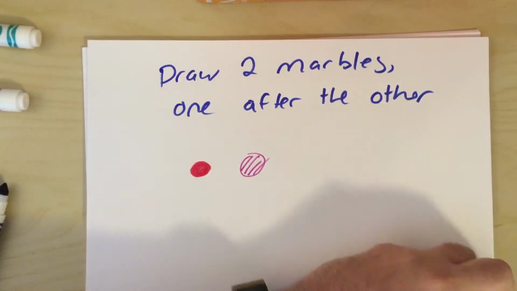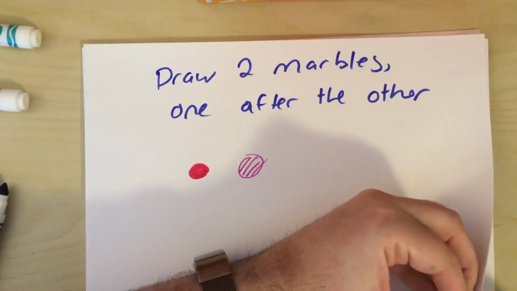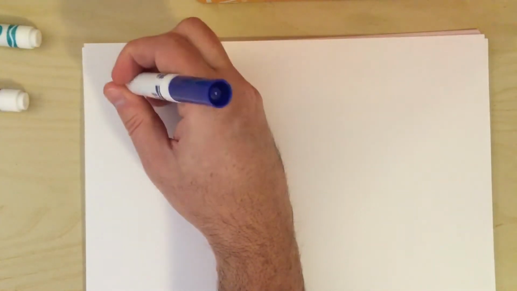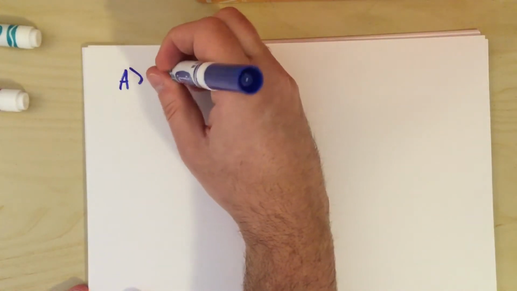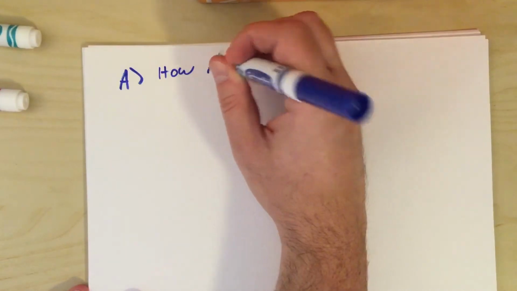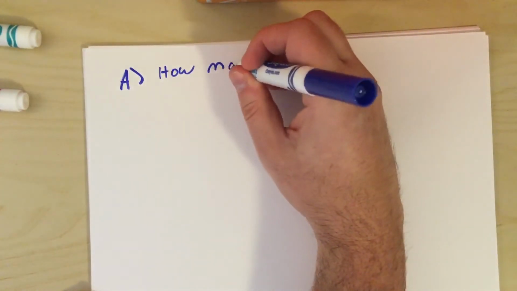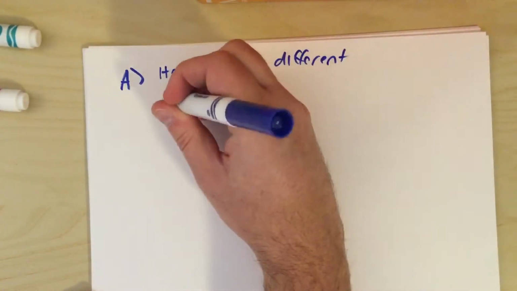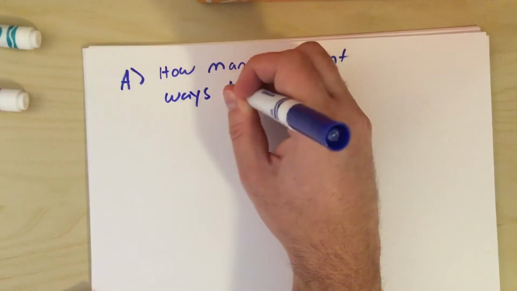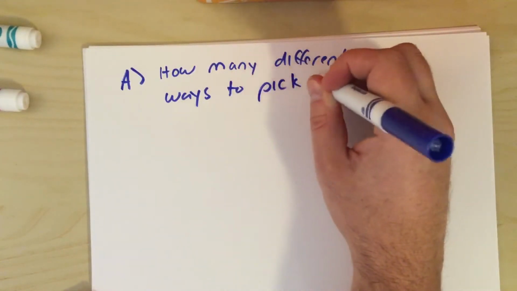Now, I'm doing that for every part. So part A is how many different ways to pick out the marbles.